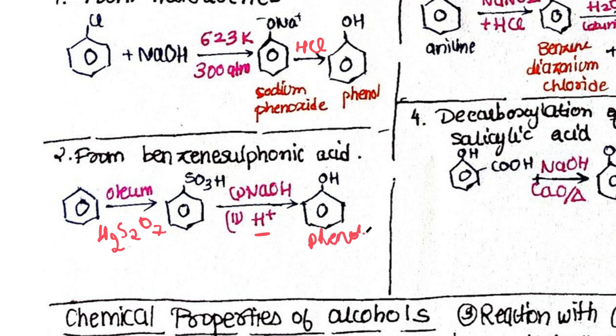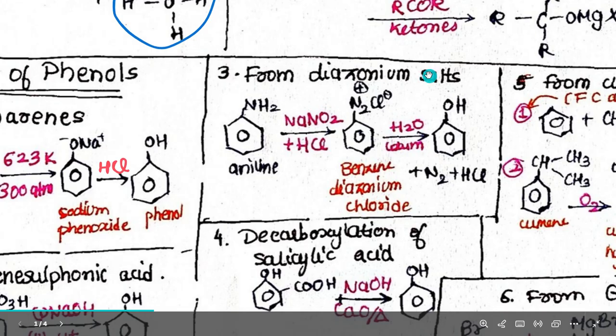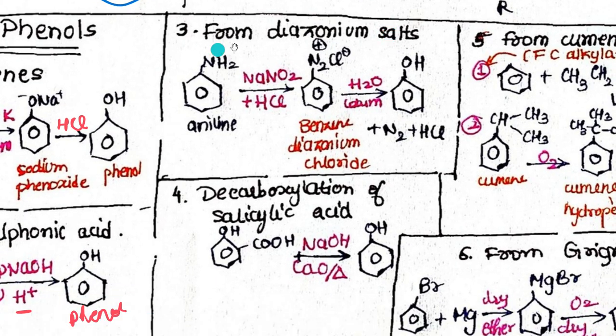Now coming to the third one, that is from diazonium salts. First we need to create the diazonium salt. So first we have aniline, a benzene ring with NH2, that reacts with NaNO2 and HCl to give benzene diazonium chloride.